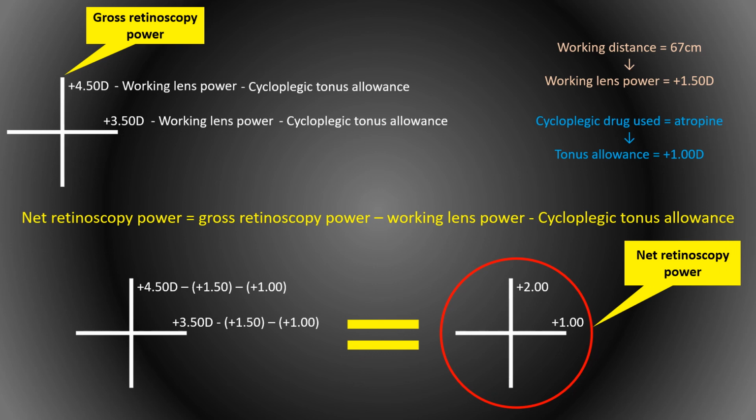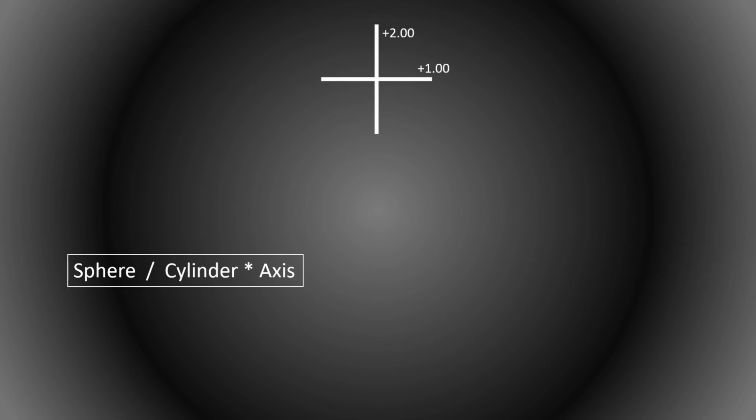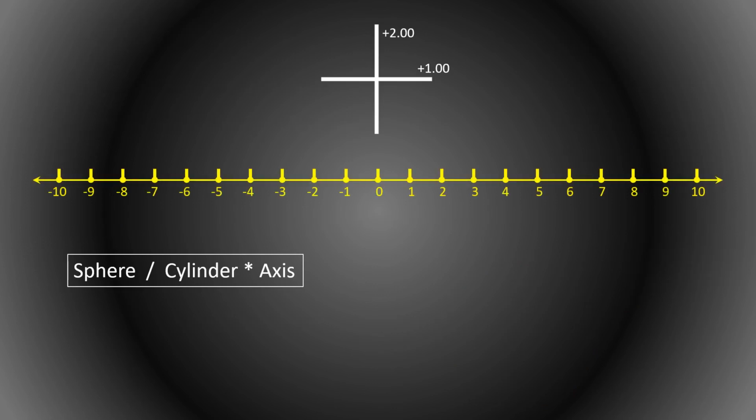Next is to convert this cross into a prescription. Let's see that. To solve this power cross, imagine a number line and circle both the numbers on the number line. Choose any one number as a sphere and take the axis of that number. In this, I am selecting plus 2 as a sphere and the axis will be 90.